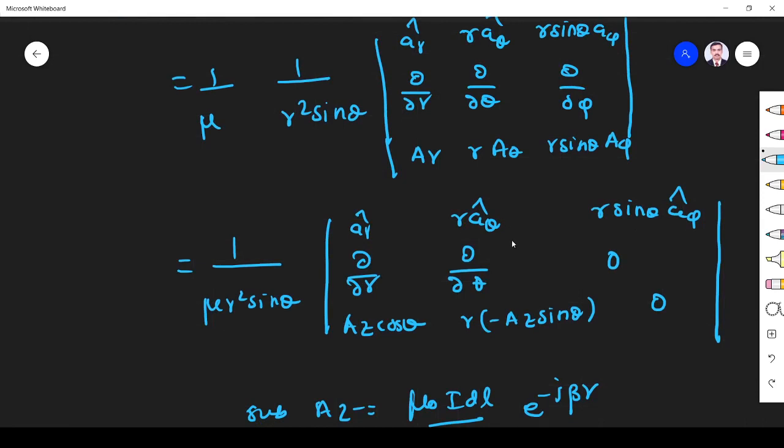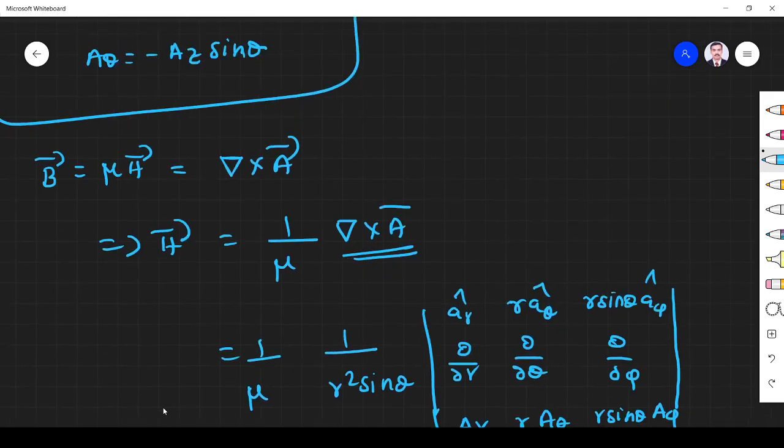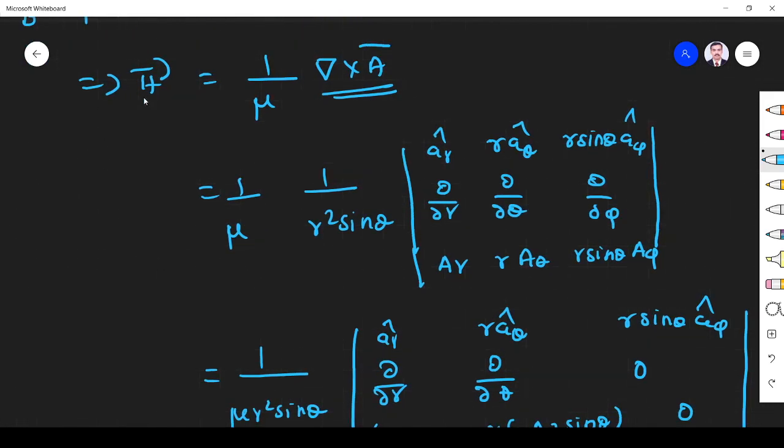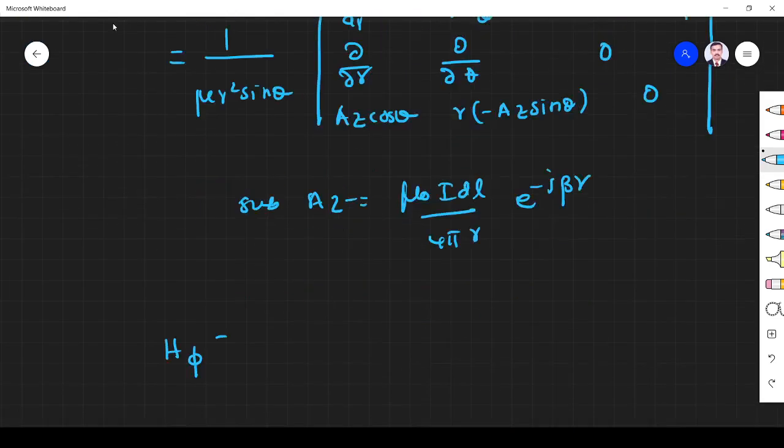Because if you take the r component, AR, that will become 0. Similarly, A theta is 0. So AR and A theta will not be there, and we have only the phi component. So this H contains only the phi component.